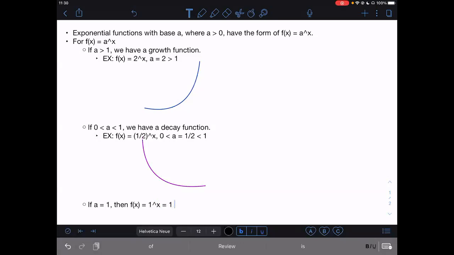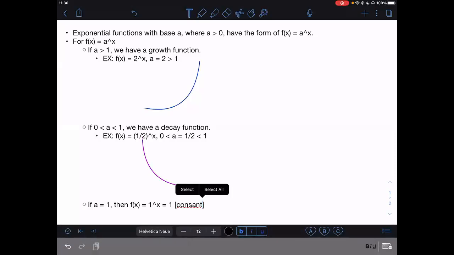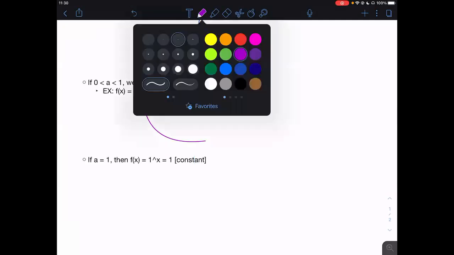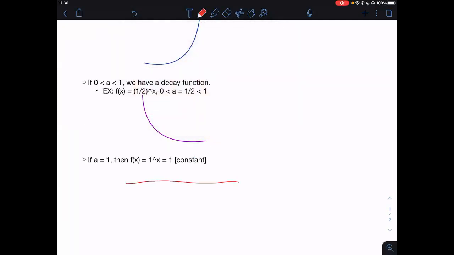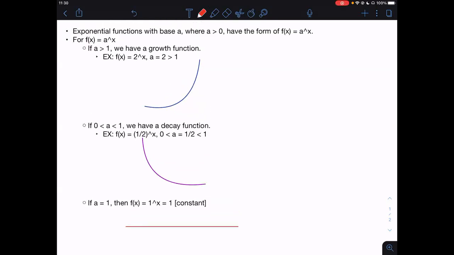Meaning we would just have a constant horizontal line crossing at y equals 1. So mainly when it comes to exponential functions, we're going to be focusing on those with bases greater than 1 and those with a base between 0 and 1.